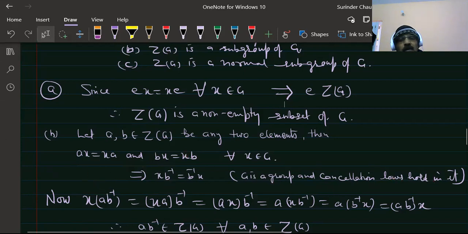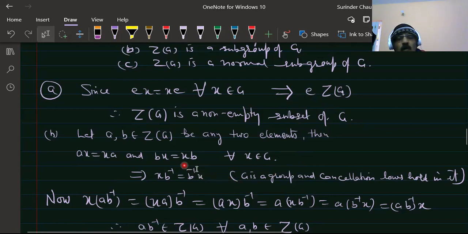If we apply the right cancellation law by B inverse, and the left cancellation law by B inverse, then B inverse into B is equal to E. So Bx is equal to xB implies x B inverse is equal to B inverse x, because G is a group, and Z(G) is a subset of G.